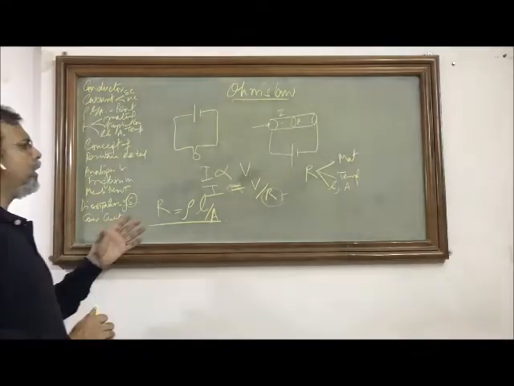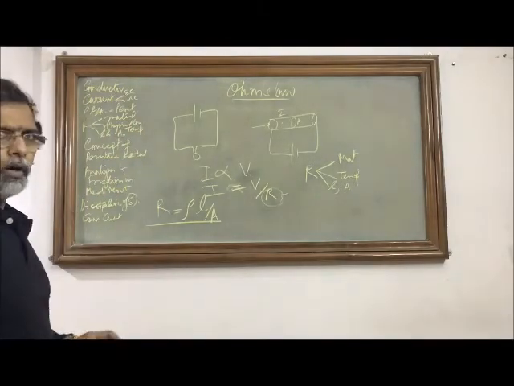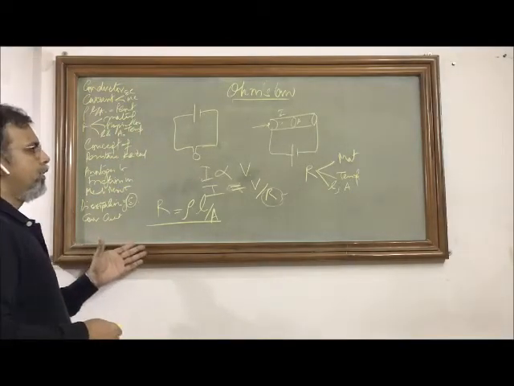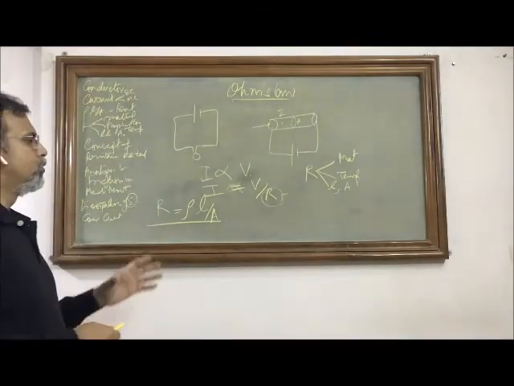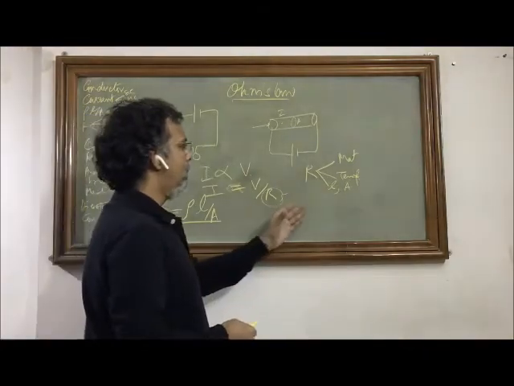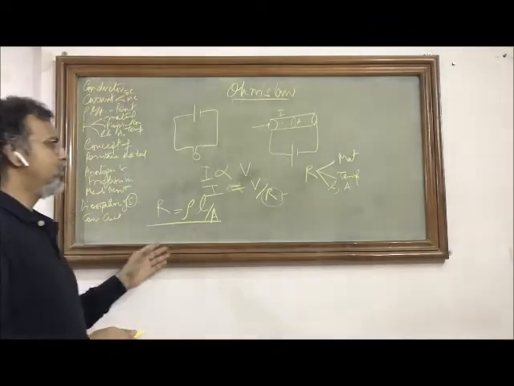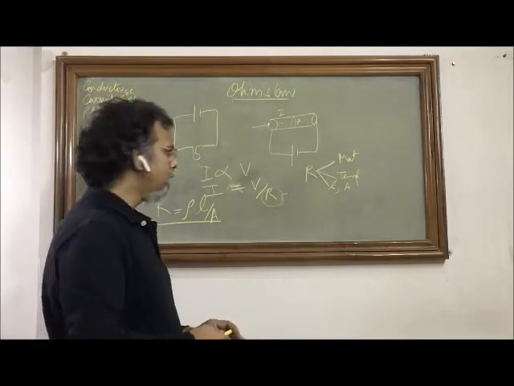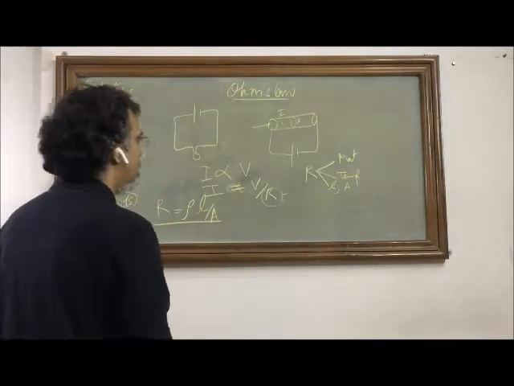This is a very often applied concept in metallic conduction, and otherwise also it is very commonly used in several circuits. So the concept of resistance, or the mathematical or empirical formula of resistance, is very important to understand, and it has many applications as we will unfold the different circuits.